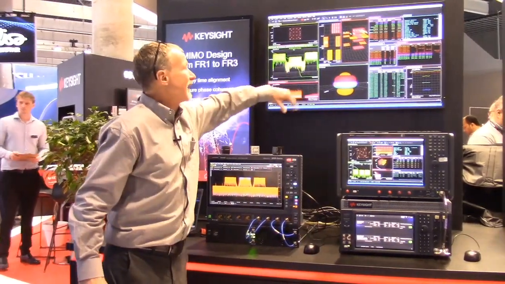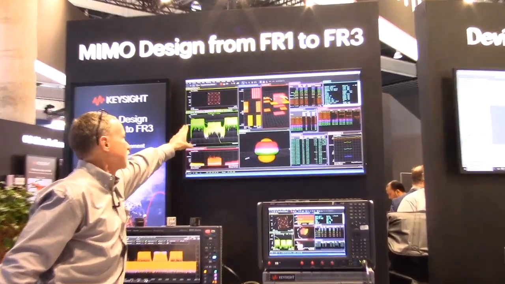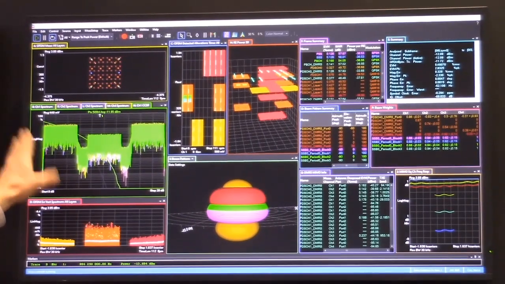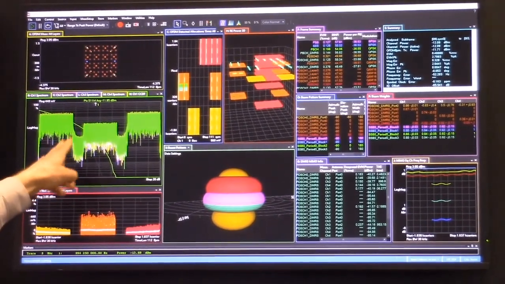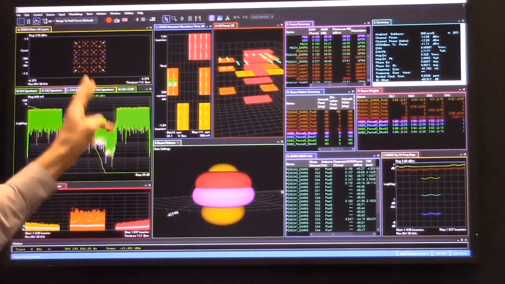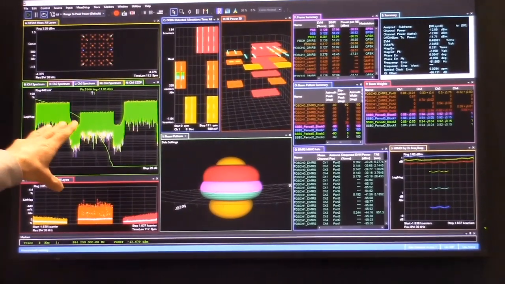If we look at the analysis, we can see those different things. We see here the spectrum with the 3 different sections of users. This one is a beamformed signal, minus 60 degrees in direction. This is the spatially multiplexed signal with 4 layers, and then we have a plus 30 degree user in the scenario.